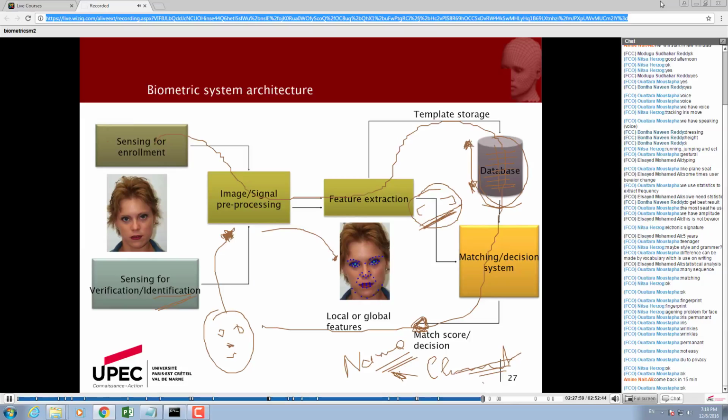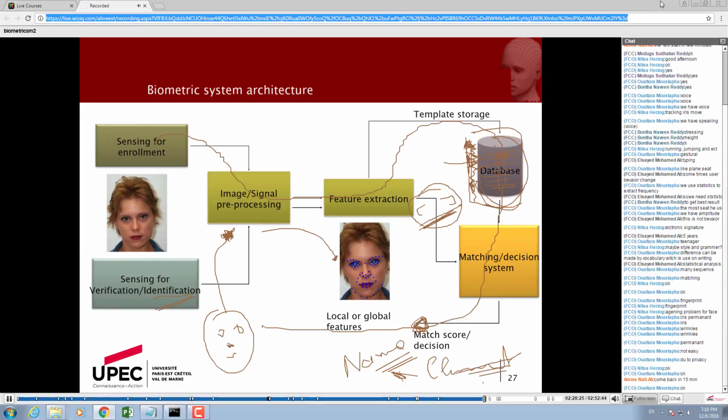In terms of processing, it's almost the same. Identification is the same. The only difference is at the beginning, because for verification, you have to claim your identity.